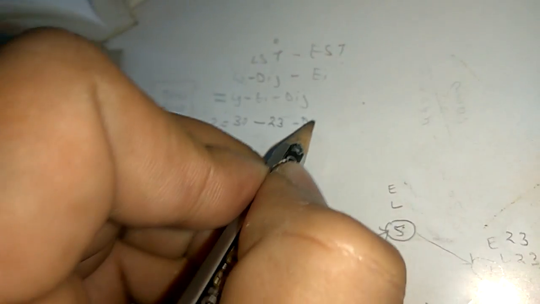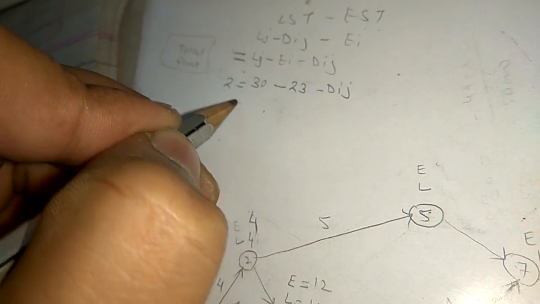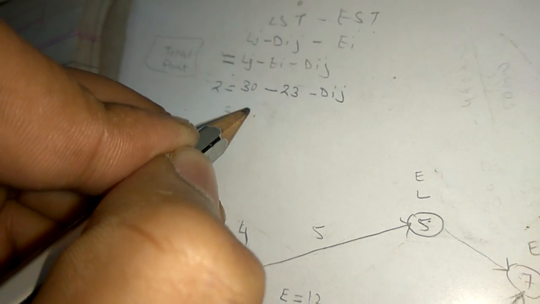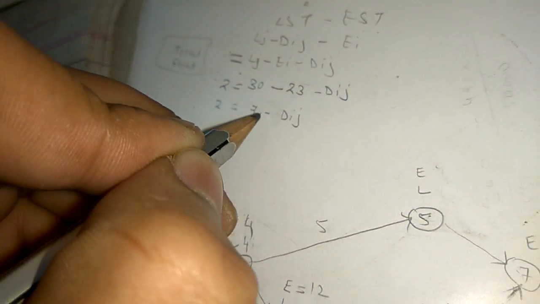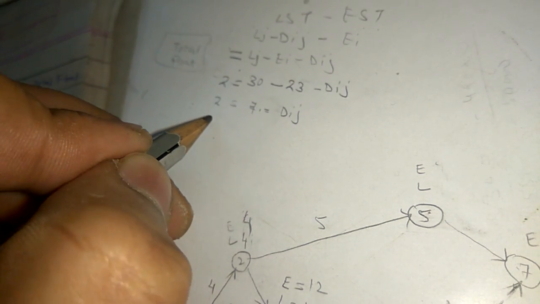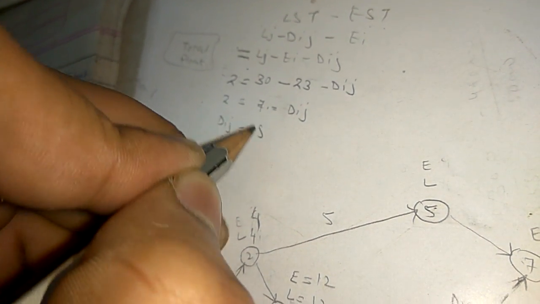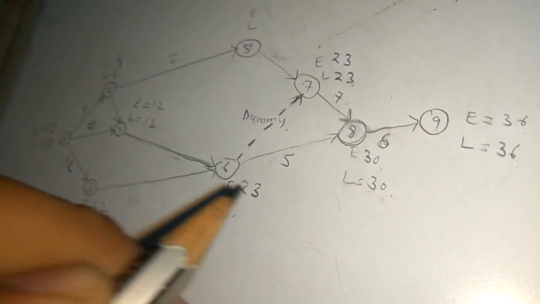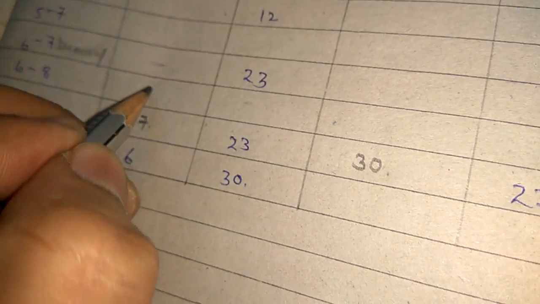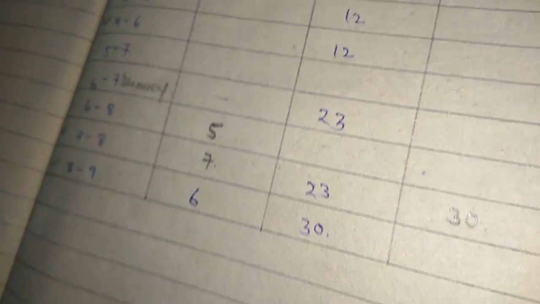How will you solve this? 30 minus 23 is 7, minus Dij, and the value is 2. So Dij will be 5. So between 6 to 8, duration will be 5.